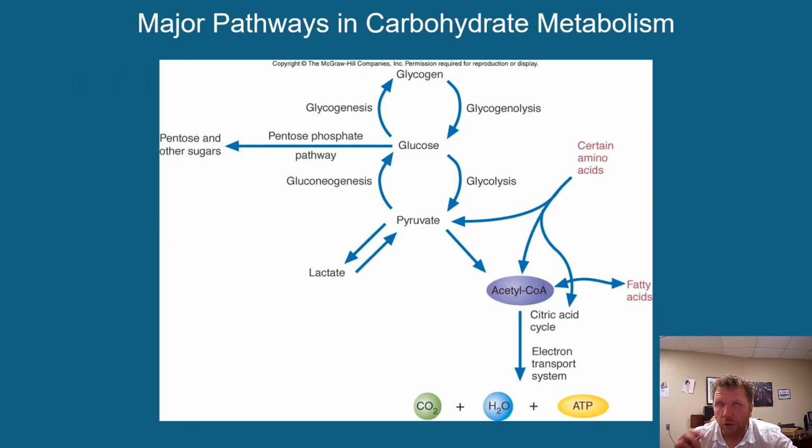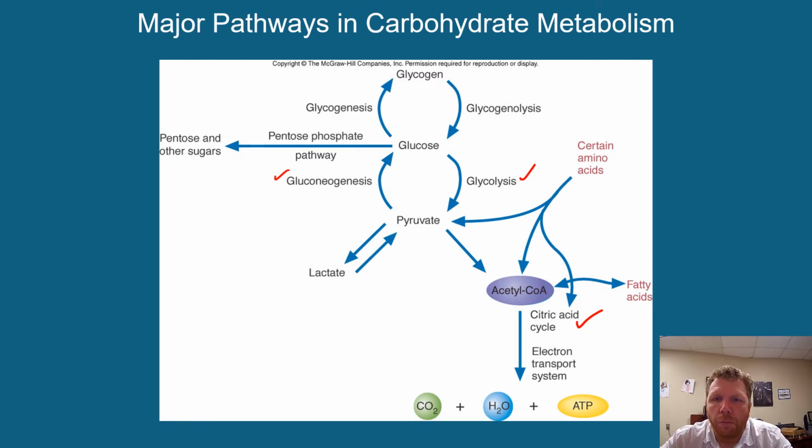Now, what that shows is that mannose and galactose really aren't that radically different from glucose. Now, our major pathways in carbohydrate metabolism, we've already talked about glycolysis, gluconeogenesis, and the citric acid cycle.